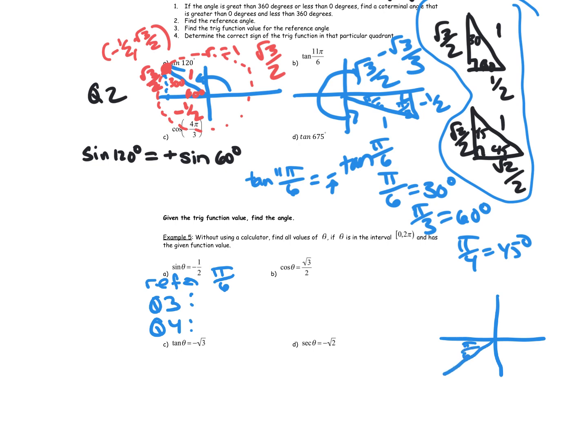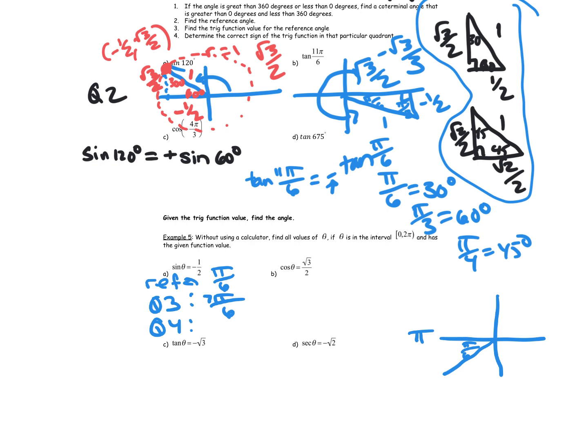So I need the distance between the terminal side and the closest x-axis to be pi over 6. What is that angle? What I think about is it's one more pi over 6 than pi, or in other words, it's pi plus pi over 6. So think about it as 6 pi over 6 plus pi over 6. So it's 7 pi over 6. It's one more pi over 6 than pi.